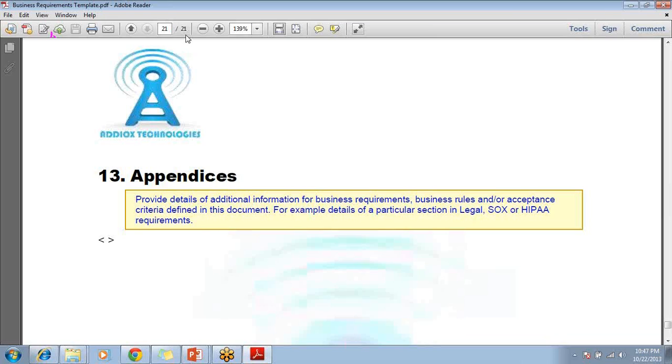Your business requirement has to have an objective, then in scope, out of scope items, assumptions, constraints, dependencies, then your business requirements, glossary, and the appendix. These are the key items you must have in your business requirement. The rest you don't need.